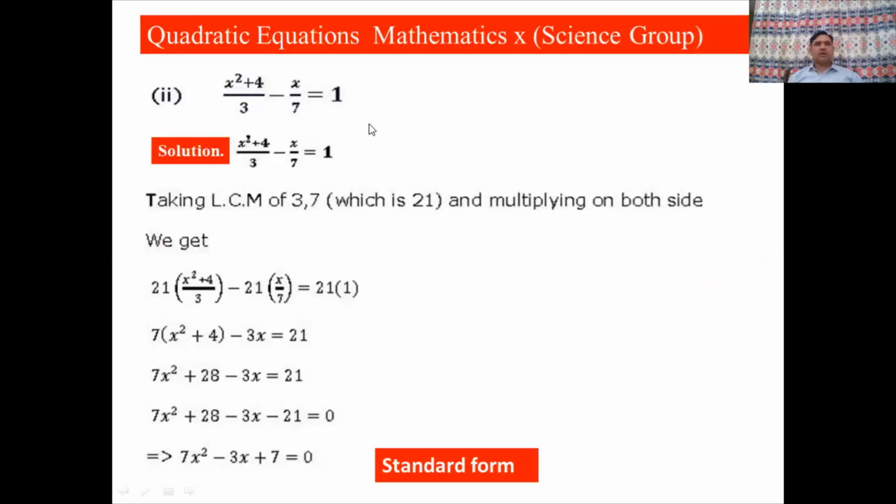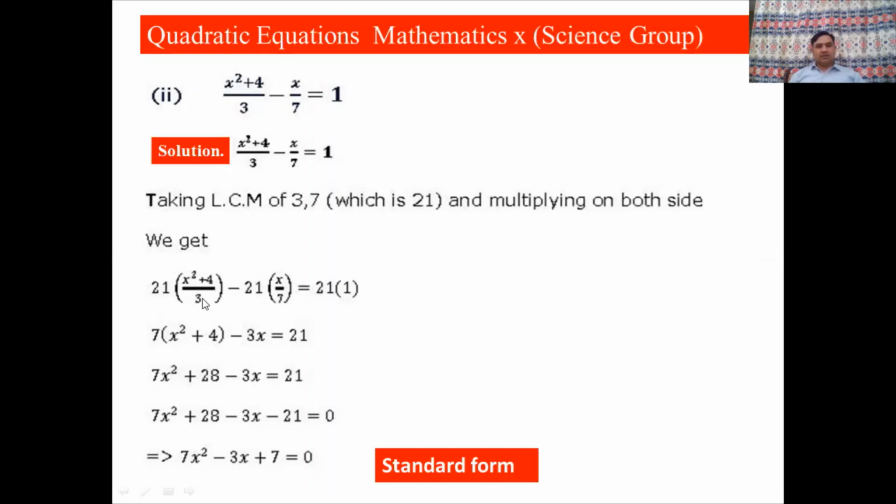Part 2. This equation is x square plus 4 divided by 3 minus x by 7 is equal to 1. To simplify this, first we have to take the LCM, and the LCM of 3 and 7 is 21. So we have to multiply both sides with 21.